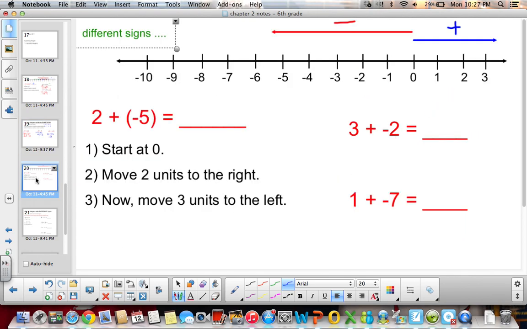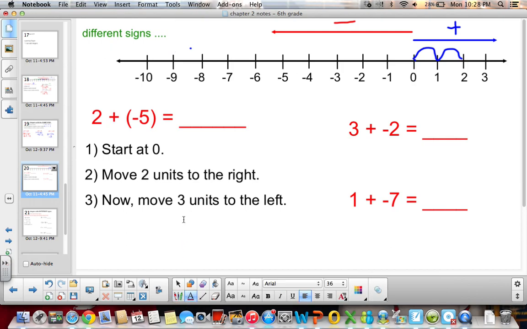We're going to go back to our number line. Say we're adding 2 plus -5. We're still going to start at 0. This time we're going to move 2 units to the right to represent 2. So 1, 2. Now we want to move 5 units to the left.